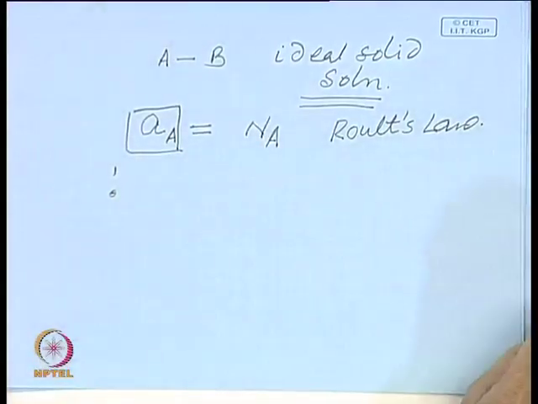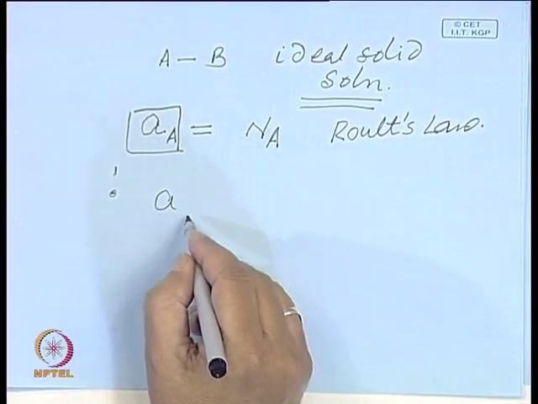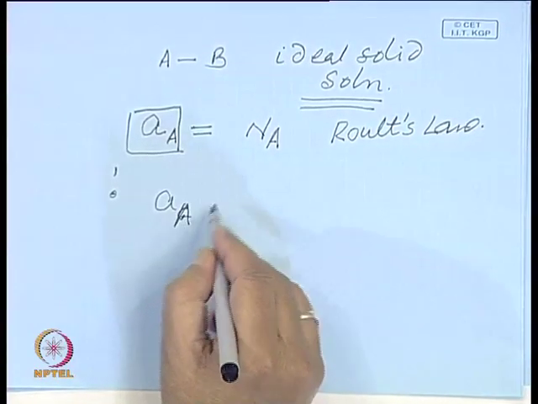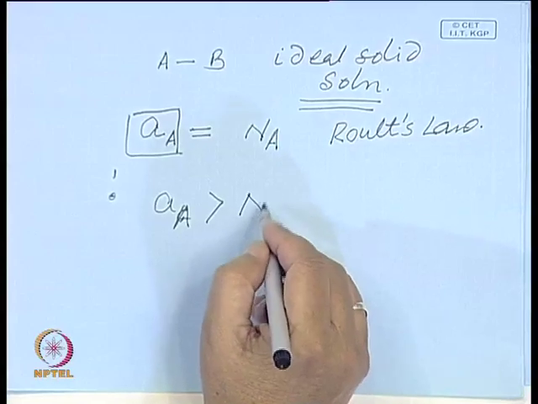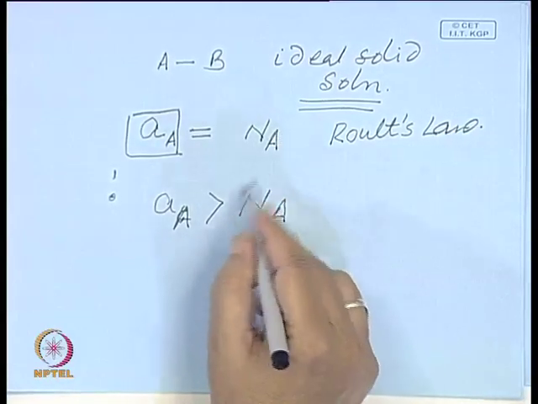But very often this kind of ideal system is non-existent. Many times we will see formation of clusters or some kind of ordering. If cluster formation takes place, then the activity of A is greater than N_A, the atom fraction.